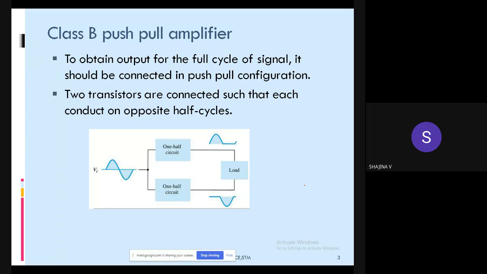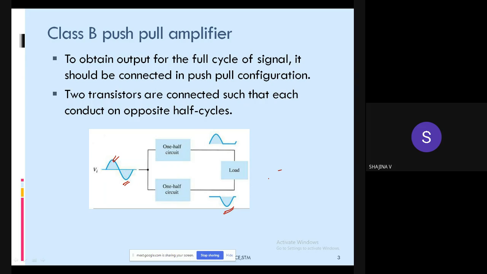This upper transistor may conduct during the positive half cycle of the input signal, so that you obtain the positive half cycle at the output. The lower, second transistor will conduct for the negative half cycle, so you will get that negative half cycle at the output. And to the load, you can combine these two and obtain the full cycle of the input signal.